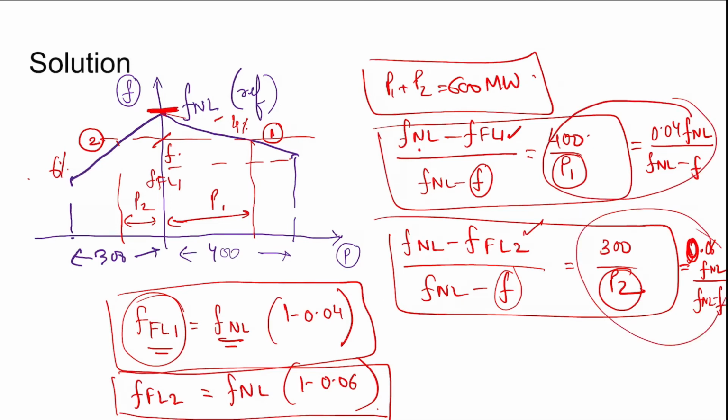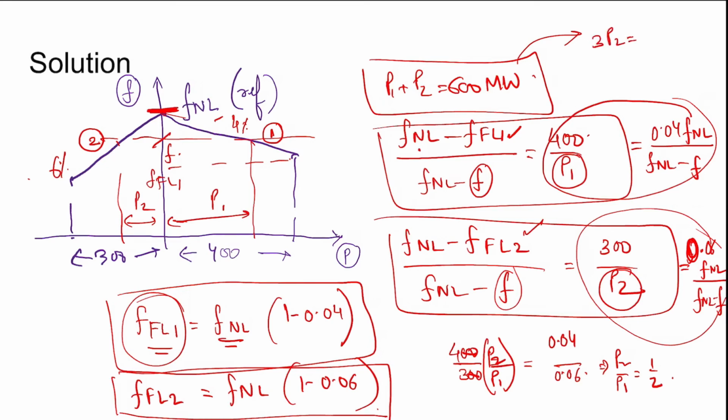Dividing these two, we get 400 by 300 into P2 by P1 equal to 0.04 divided by 0.06. So I can write P2 by P1 equal to half, or from here I can write 3P2 equal to 600, which means P2 is 200 and P1 is 2 times P2, which is equal to 400.